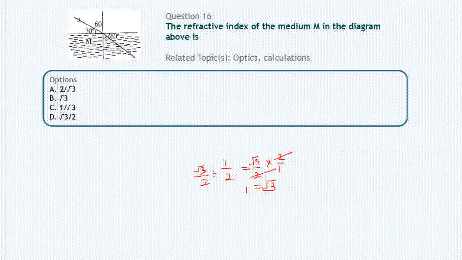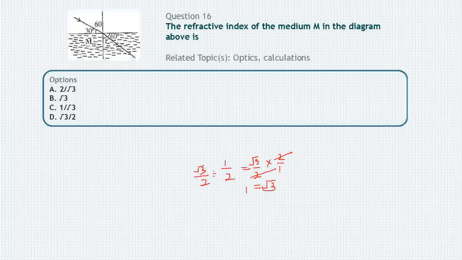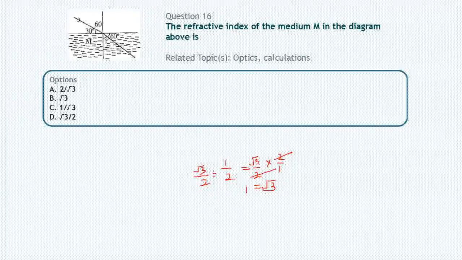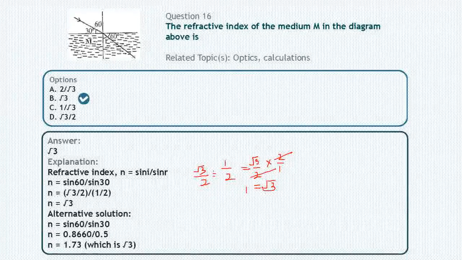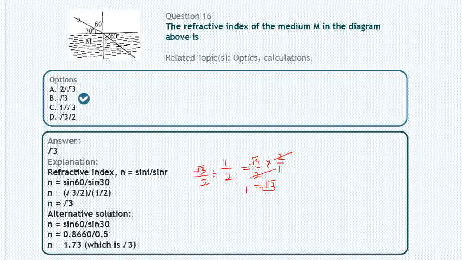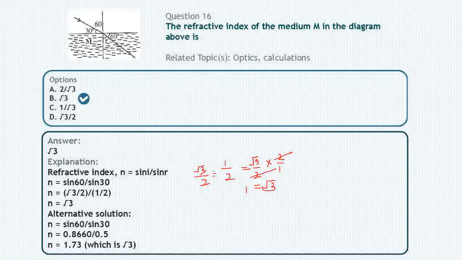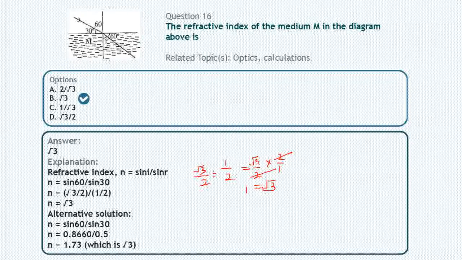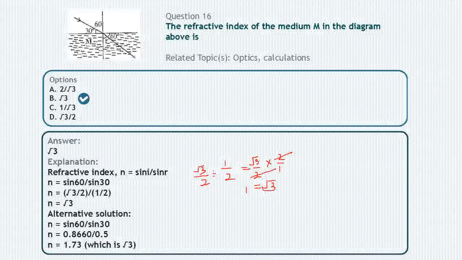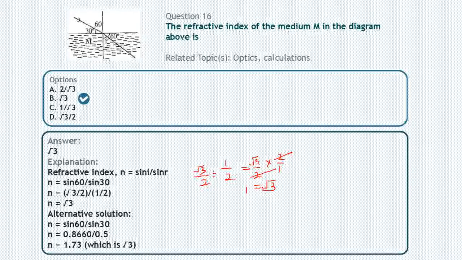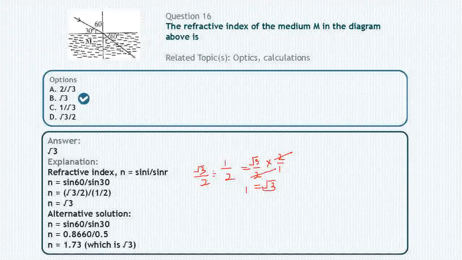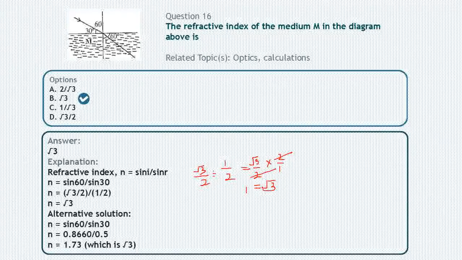Next question on optics. The refractive index of the material of the medium M in the diagram above is. So the refractive index is equal to sine I over sine R, where I is the angle of incidence and R is the angle of refraction. And you look at the material that we have here. The angle of incidence means the angle between the incident ray, that is the light ray that is coming into the medium, and the normal ray.